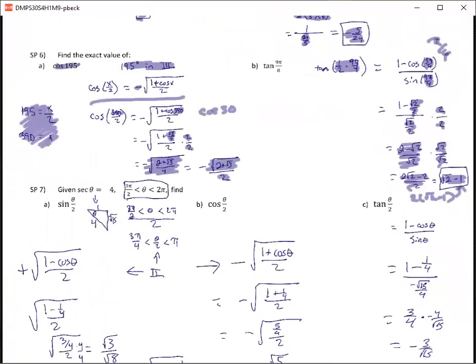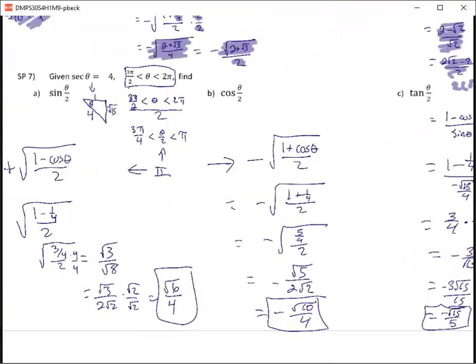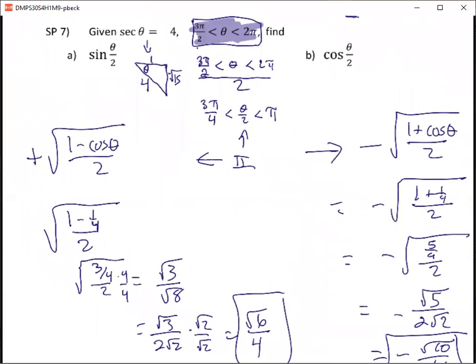Finally, at the very end, I'm giving you secant of theta is 4, and I'm telling you we're in quadrant 4, so this could have been in quadrant 1 or quadrant 4. Now, one of the things that we do need to know is if this is where theta is at, where is theta over 2 at? So we divide that whole expression by 2 to say that theta over 2 is between 3 pi over 4 and pi, which is quadrant 2.